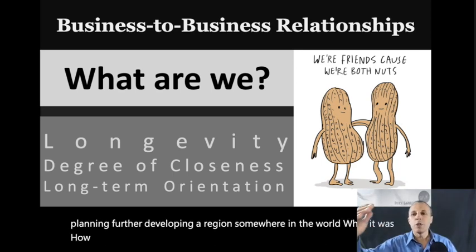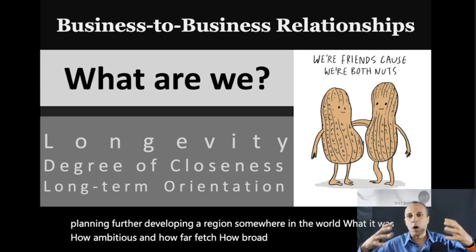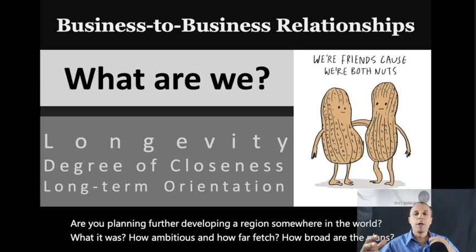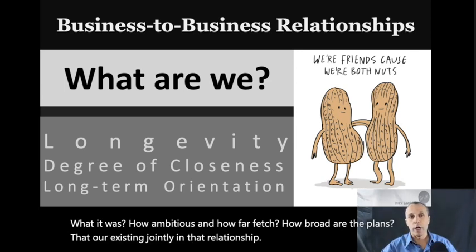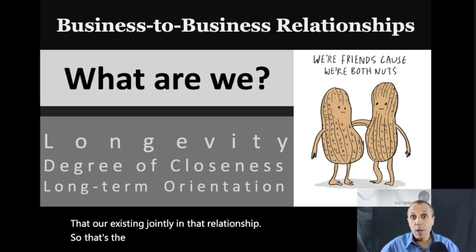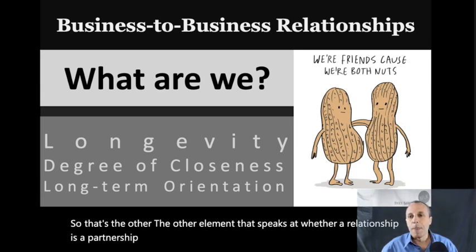How ambitious, how far-fetched, how broad are the plans that exist jointly in that relationship? So that's the other element that speaks to whether a relationship is a partnership or not.